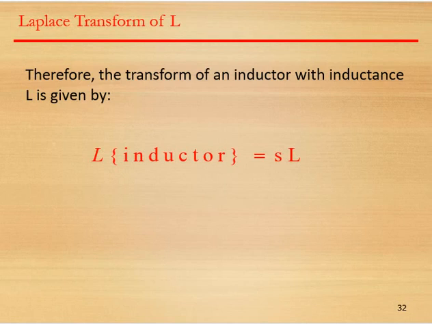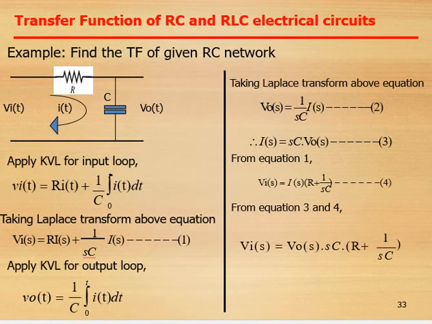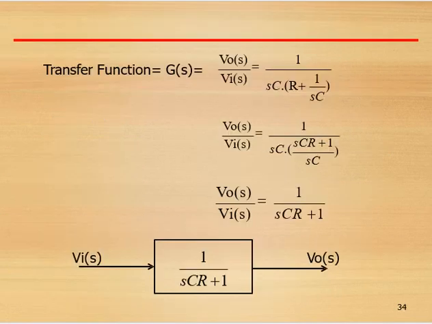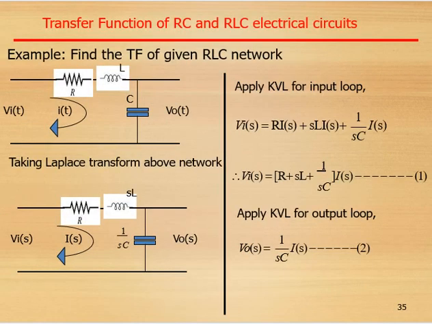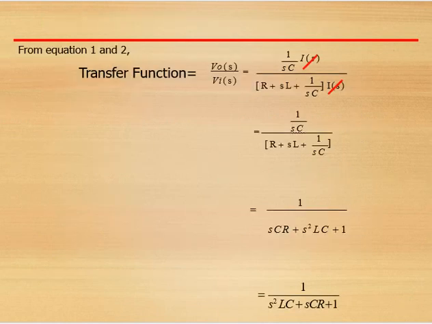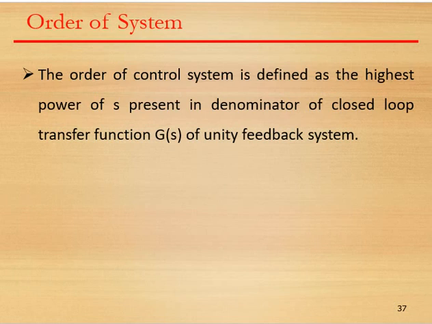After that we saw the transfer function of RC and RLC circuits. We have derived this one. I think we have covered up to this point, and I think you may have practiced this. This is very simple. So let us start with a new concept, that is order of the system.